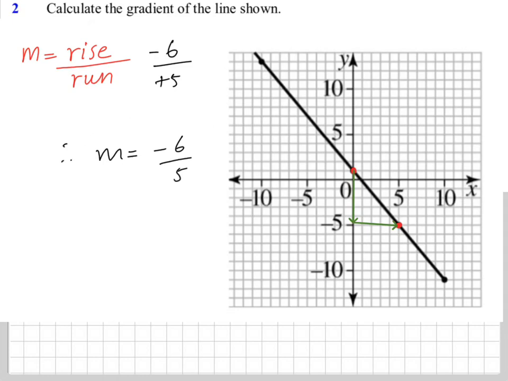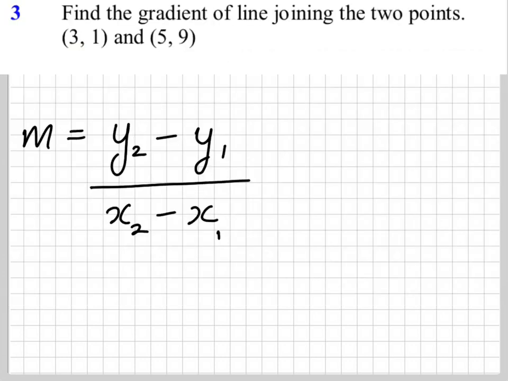Now I could have found the gradient from this point to that point, or this point to that point. It doesn't really matter, as long as you apply two points on any part of the graph, you will get the gradient m is equal to -6/5.